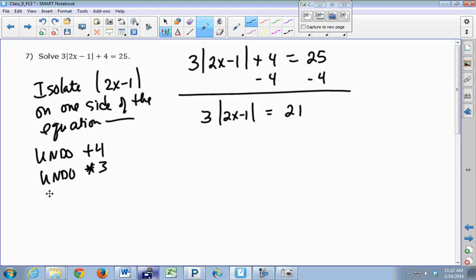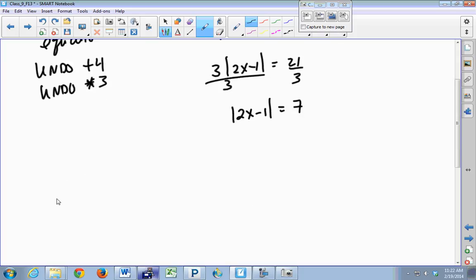And now we're going to undo the multiplication of 3 by dividing both sides of the equation by 3. Now I have my absolute value term isolated on one side, and now I solve it and say, hey, all that stuff inside could either be equal to a positive 7, or all that stuff inside could be equal to a negative 7.